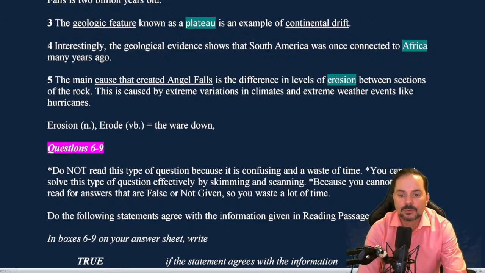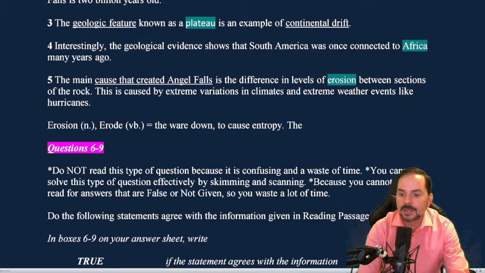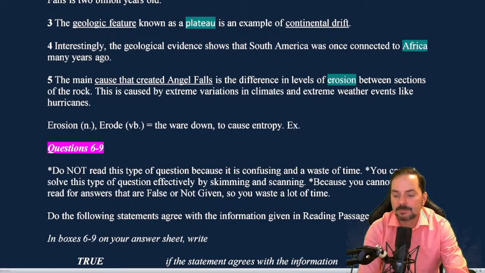To wear down, to cause entropy. Okay, let me give you an example sentence so you understand it better.